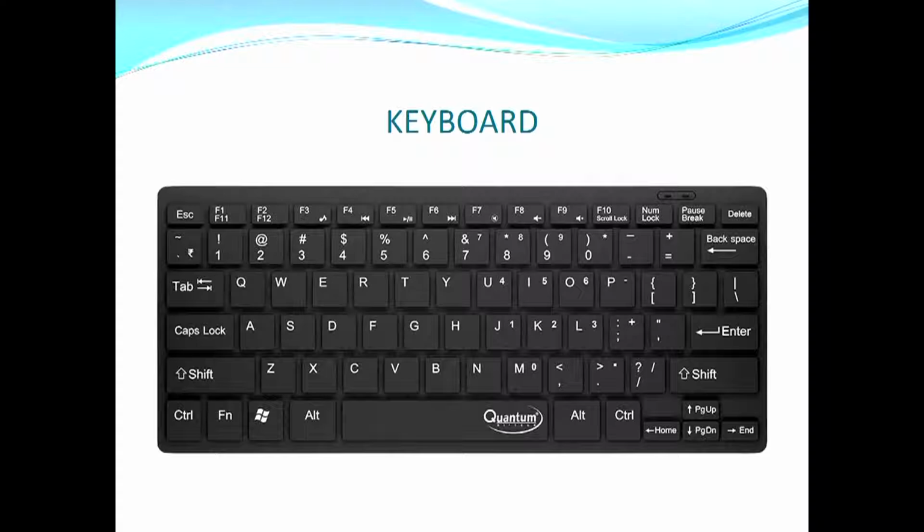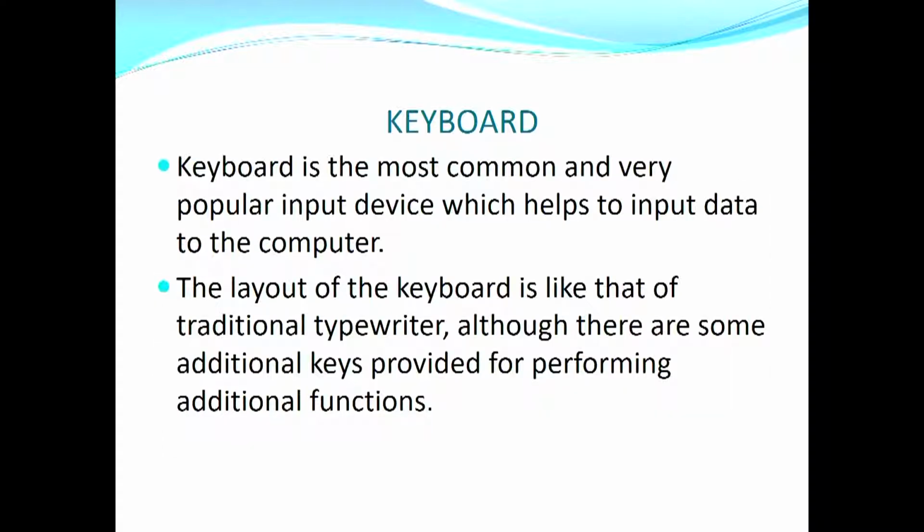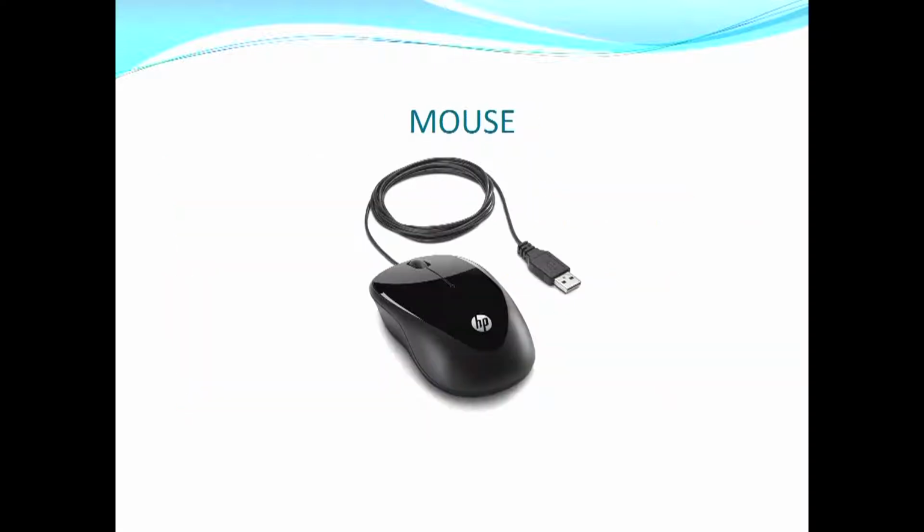All of you must have seen this. A keyboard is the most common and very popular input device which helps to input data to the computer. The layout of the keyboard is like that of a traditional typewriter. There are some additional keys provided for performing additional functions.